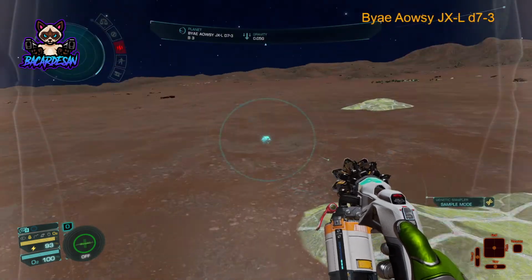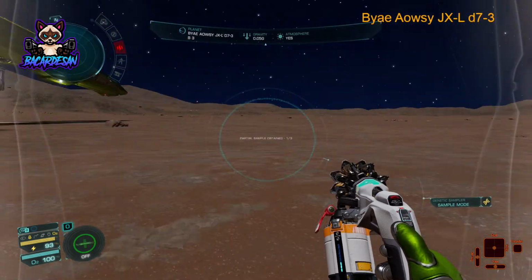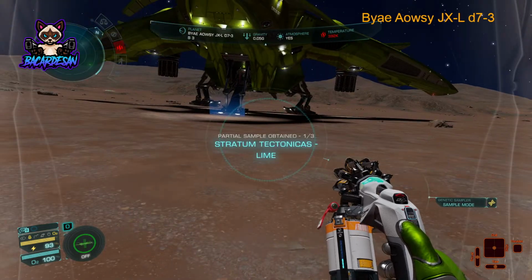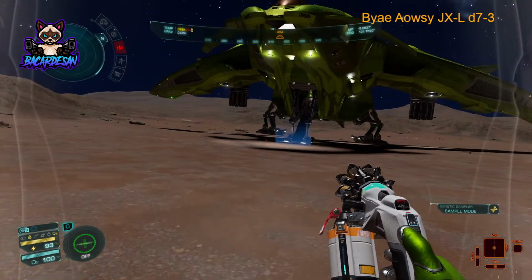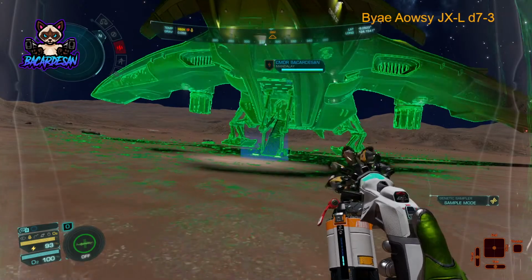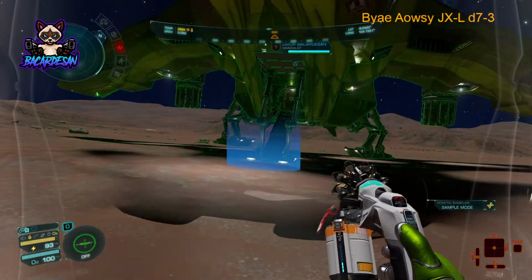Stratum tectonic is confirmed present. Base value 19.01 million, minimum sample distance 500 meters. First partial sample collected.